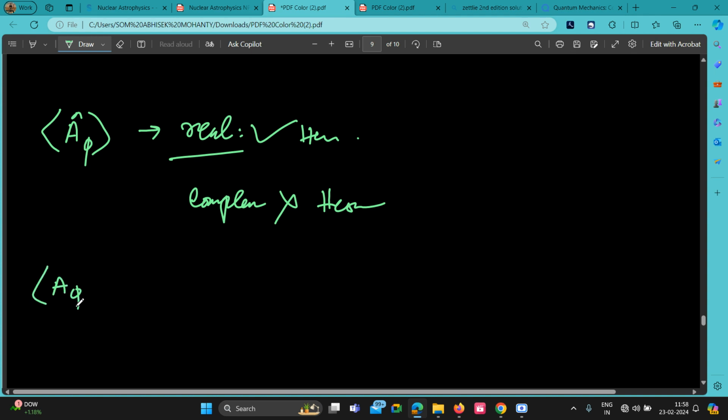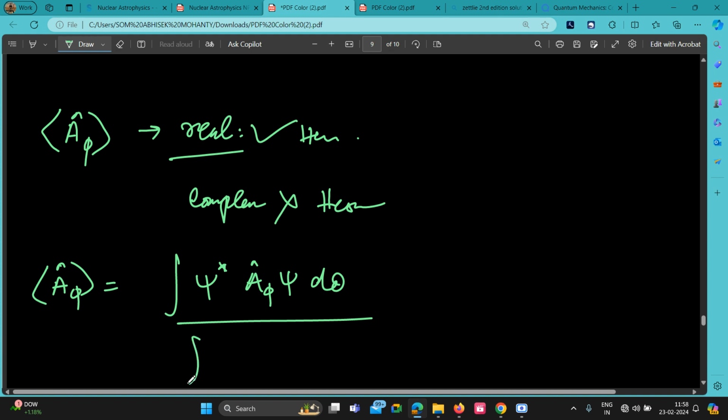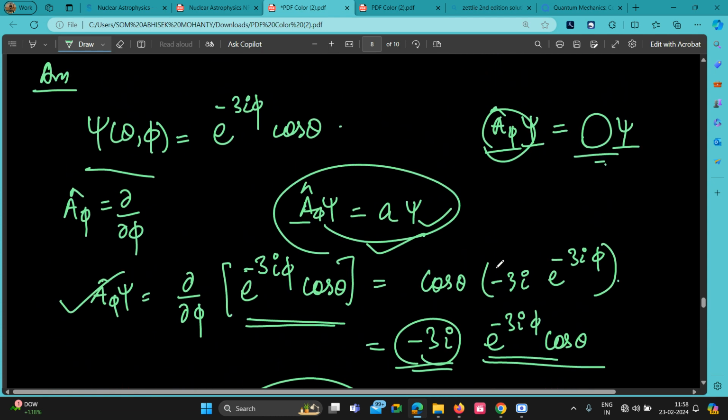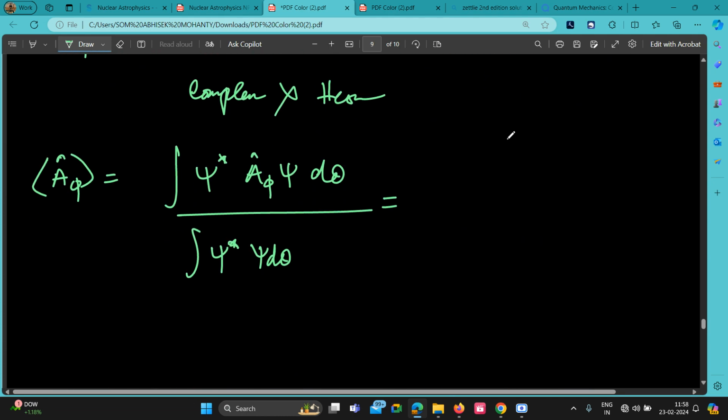So the expectation value of A phi is the integration of psi star A phi psi d theta divided by the integration of psi star psi d theta. If you see this, psi is e to the minus 3i phi cos theta, and psi star is e to the 3i phi cos theta.